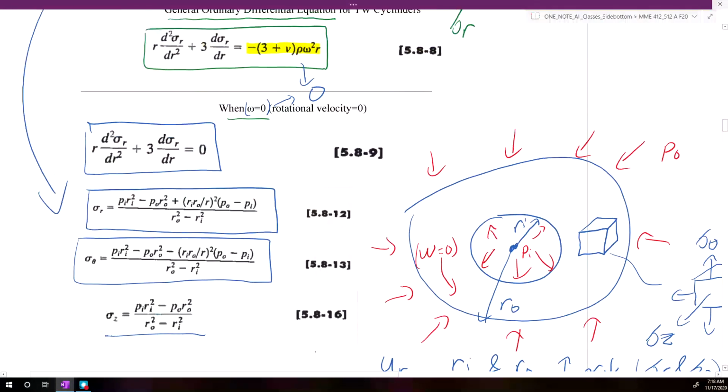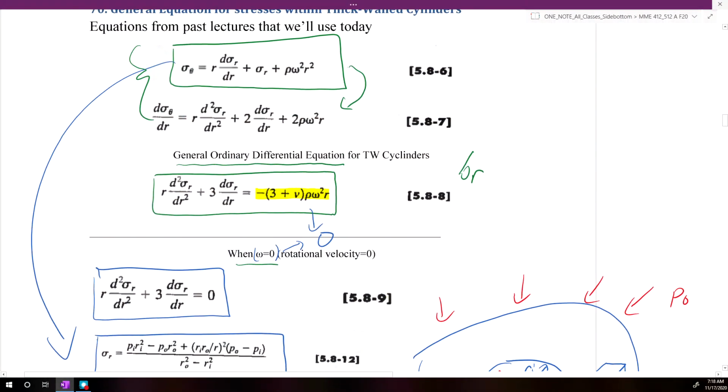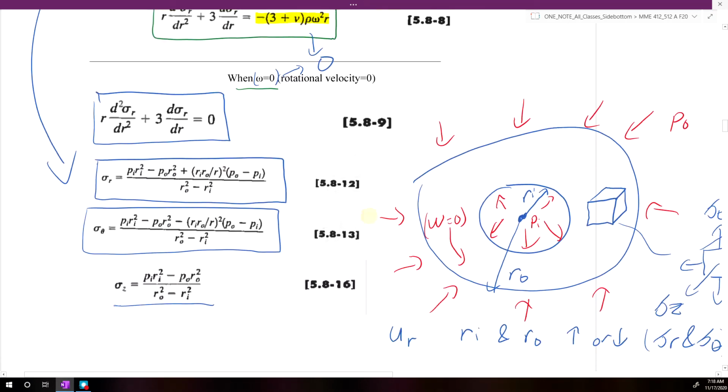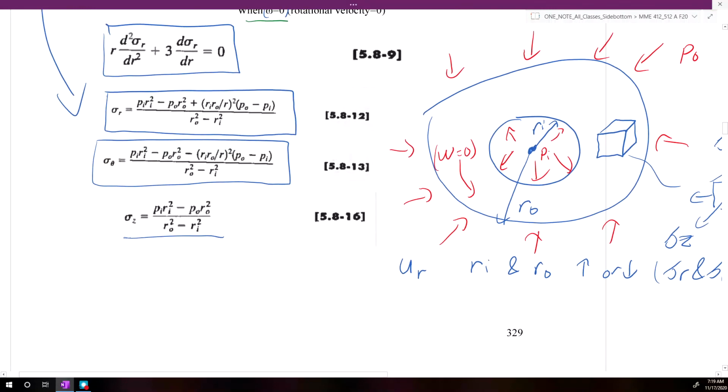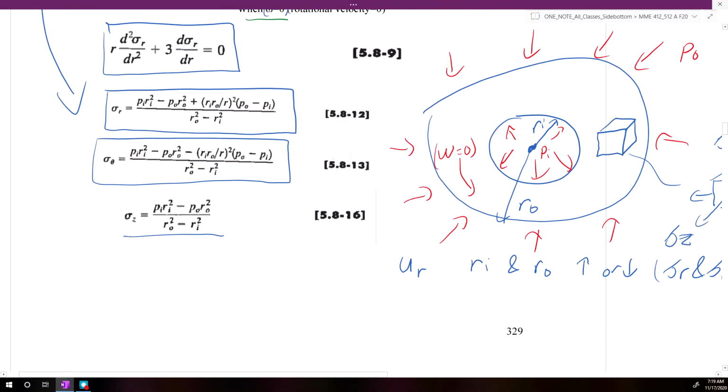So in conclusion, for our original ordinary differential equation, if the disk is not spinning, the solution is very simple, and we can solve directly for sigma r and sigma theta if we know the pressures and the dimensions of our cylinder.